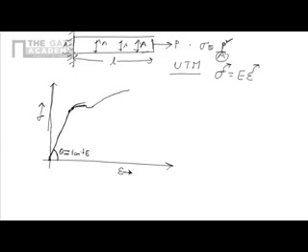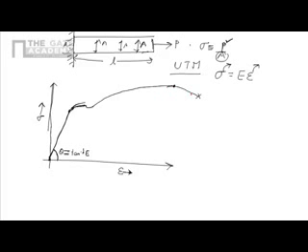But in this portion, it is not a line, it is a curve. And then finally, after a certain point, it droops like this, and the specimen breaks here. Now, this is a very important curve to understand carefully.